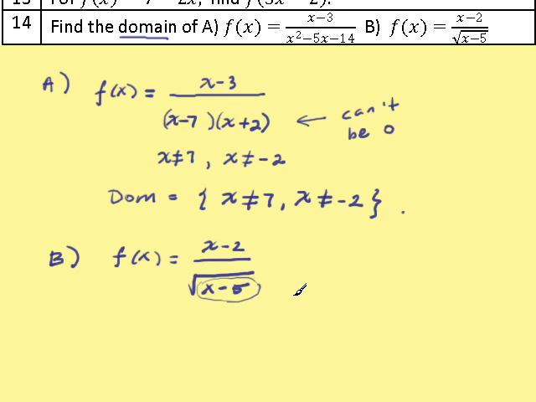Combining these two, we'll just simplify that and require that what's under the square root, x minus 5, be strictly greater than 0. Then the denominator won't be equal to 0, and what's underneath the square root will be positive. So add 5 to both sides, and we have the domain x greater than 5. That's our domain.